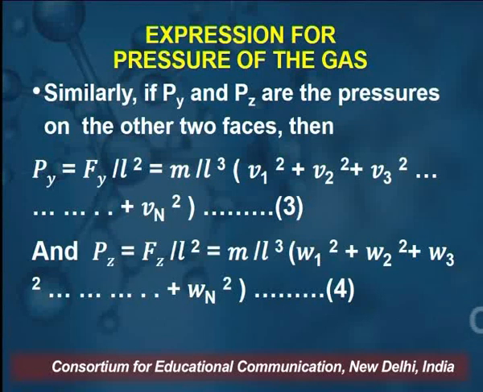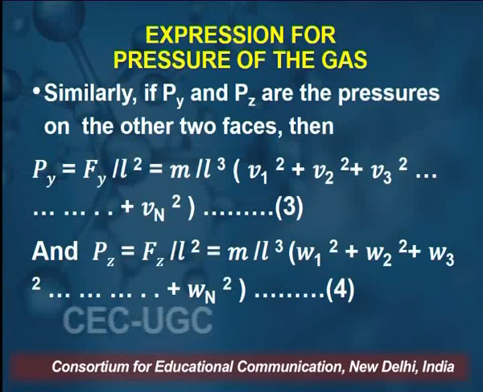Let us call this expression 3. Similarly, we get the expression for Pz. Pz will be Fz by L square, which is equal to m by L cube into w1 square plus w2 square plus w3 square plus so on so forth to wn square.